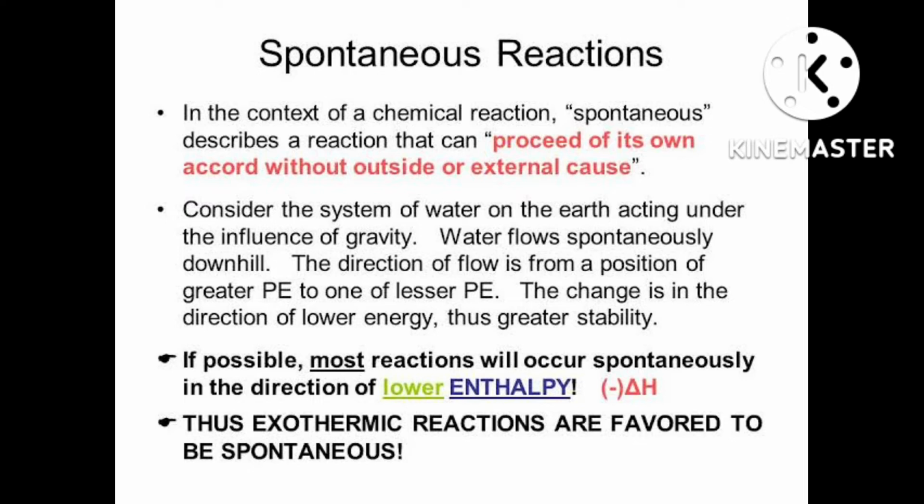And then the heat of formation of the products. Suppose C and D are the products: after reacting, A plus B gives product C plus D. First you add the heats of formation of the reactants, and then you also add the heats of formation of the products.